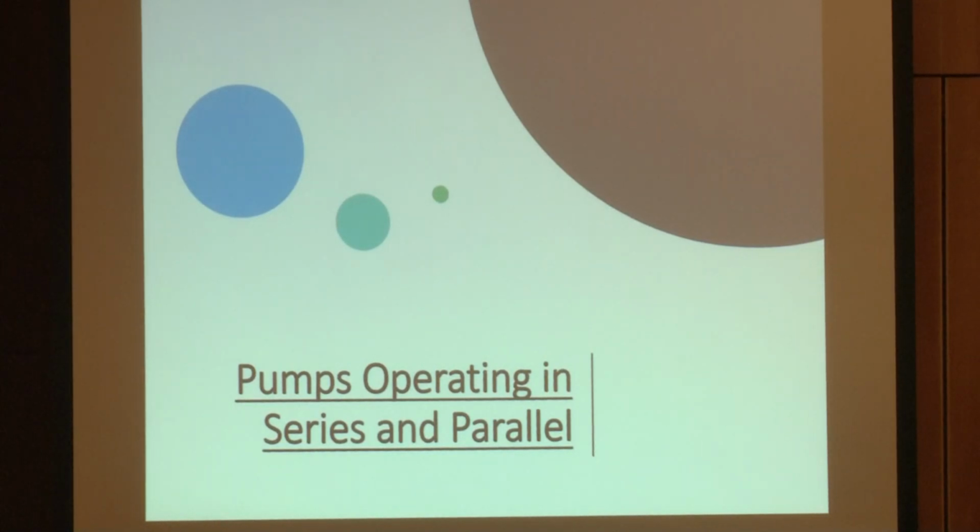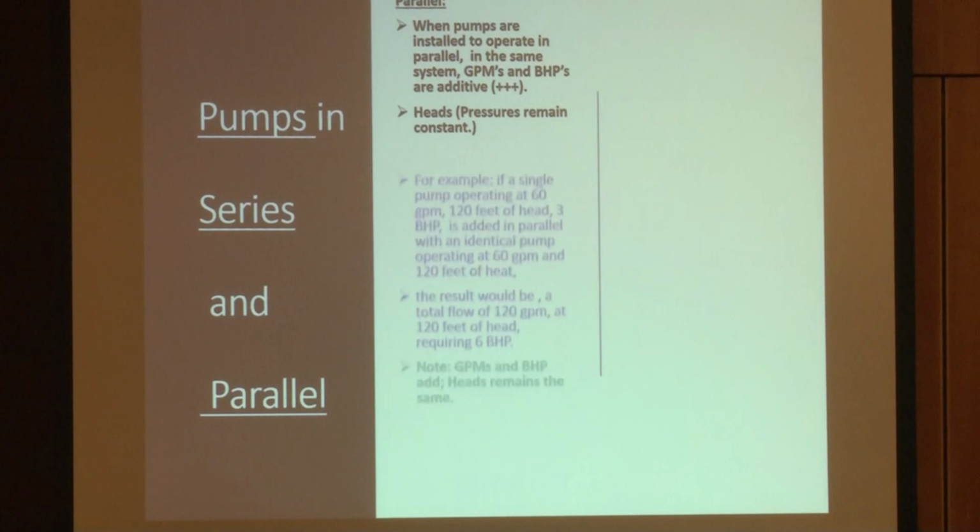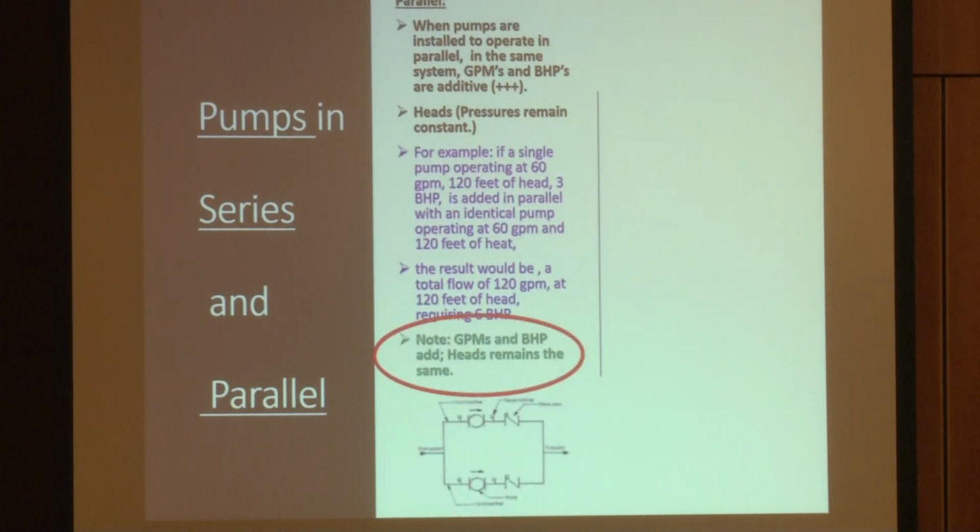We talked about fans operating in series and parallel. Pumps operate in series and parallel as well. And it's not that much different, right? It's really very much the same. In a parallel operation, which we see most of the time, the GPMs and the brake horsepower add and the heads remain the same.